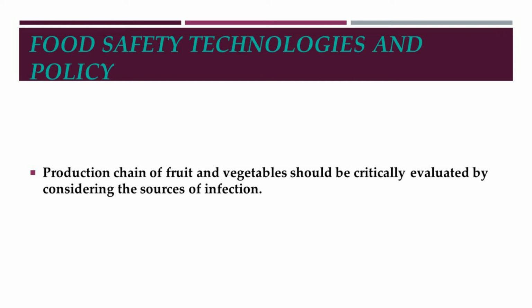The production chain of fruits and vegetables should be critically evaluated by considering the source of infection. No innovative antimicrobial chemical is available that could be applied effectively and efficiently to remove pathogenic microbes. Contamination at production can multiply the microbial load and could increase its pathogenicity.